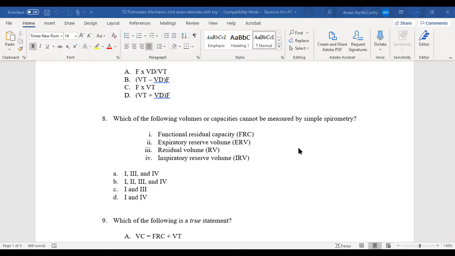In order to measure the residual volume, you have to be in a PFT study sitting in the body box. So anything that has to do with RV cannot be done at the bedside. So the only choices would be number 1, which is the FRC, because the RV is part of the FRC, right? And then RV. So 1 and 3. I couldn't test those two on simple spirometry. Good.